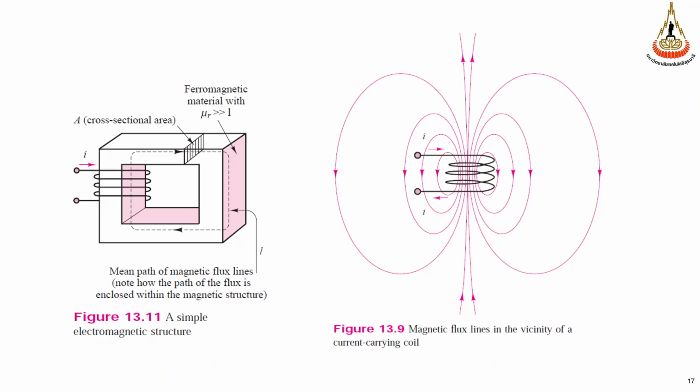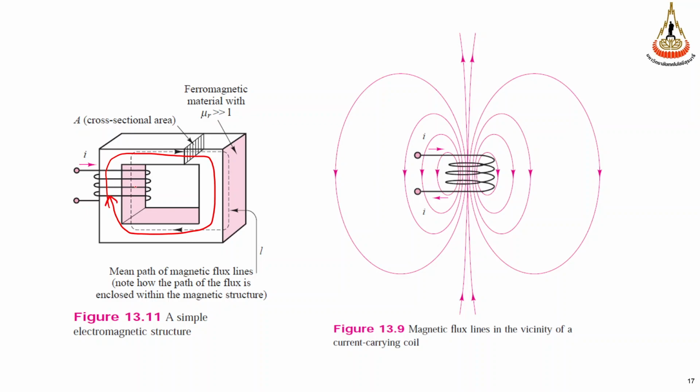Okay, this is what we call the magnetic circuit. This is the magnetic flow, where we try to control the magnetic flux to make the flux cross our coil.